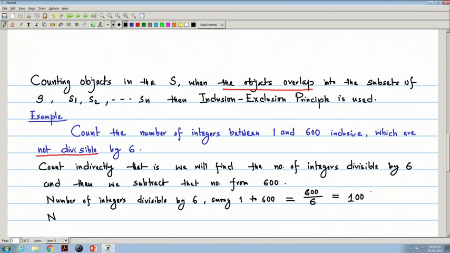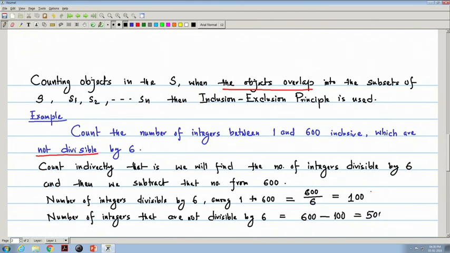So, the number of integers that are not divisible by 6 equals the total number of integers, 600, minus the 100 that are divisible by 6, equal to 500, and this is my answer.